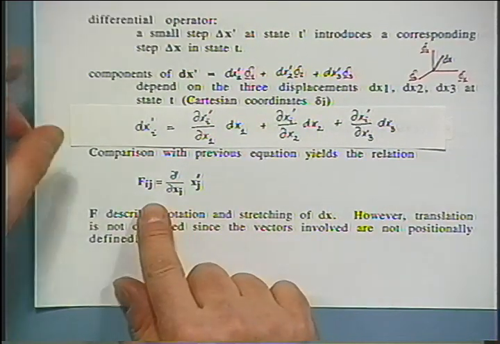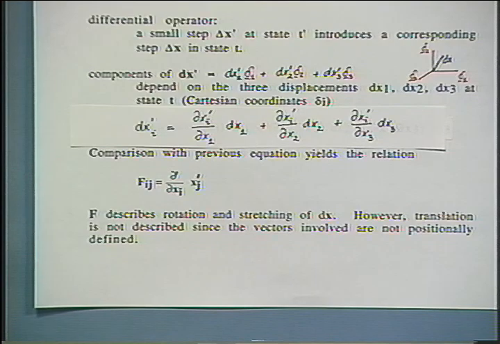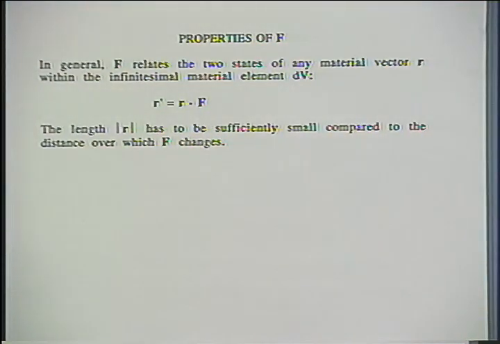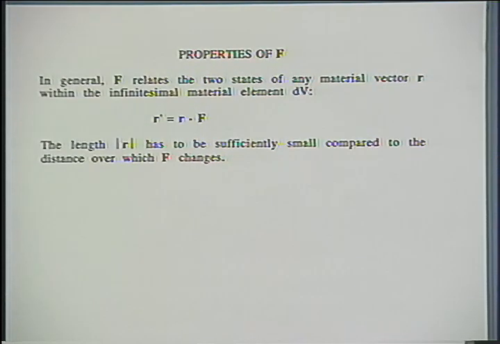Now, what do we expect from F? What properties will we expect? We already touched on it somewhat. F describes the transformation from the state T prime to state T of a line. This line is stretching and rotating, but the translation is not described by that.